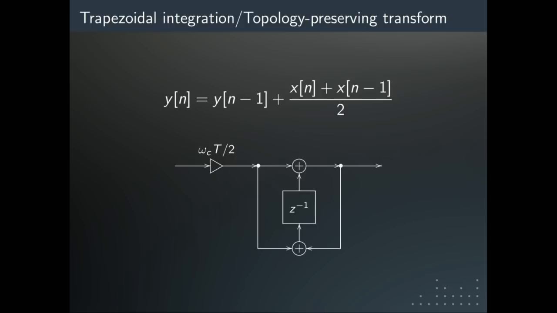Probably because trapezoidal integration wasn't that widely known, it was rediscovered about 10 years ago in the form of topology-preserving transform. So if trapezoidal integration is working symbolically on differential equations, topology-preserving transform starts from block diagrams, and there we replace all integrators in the diagrams with their discrete time forms, bilinear transformed integrators.